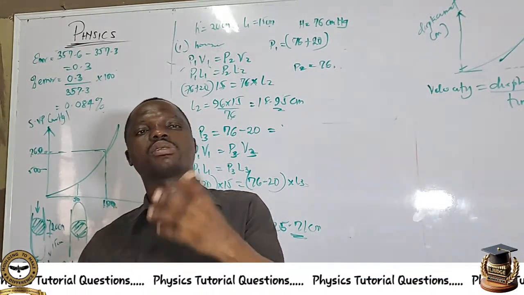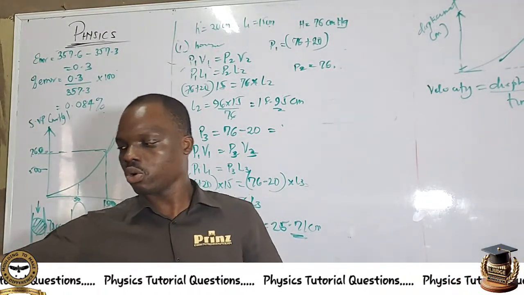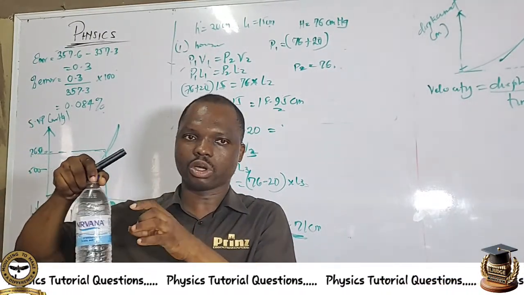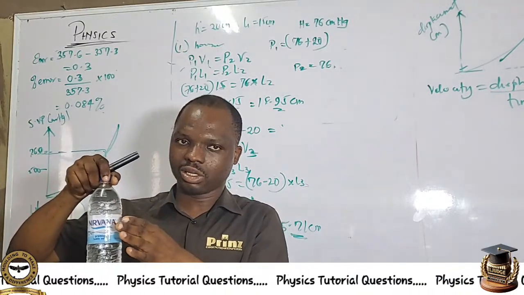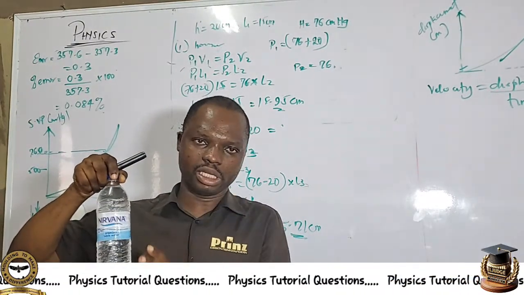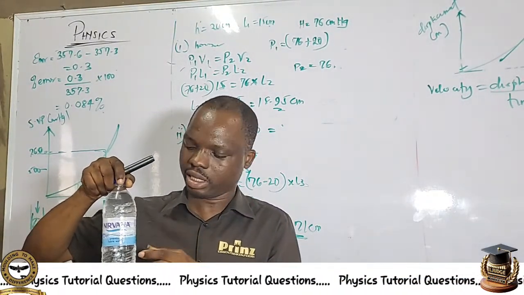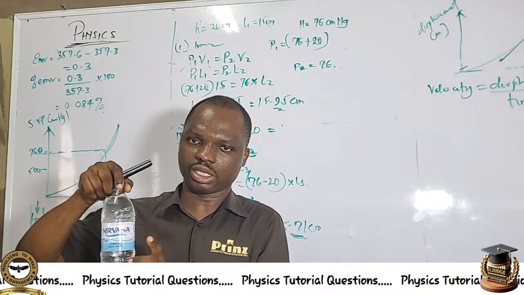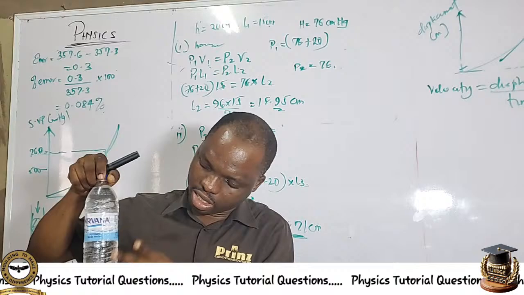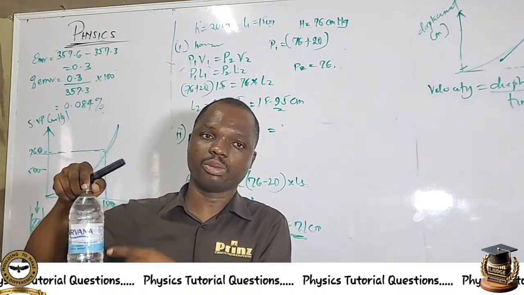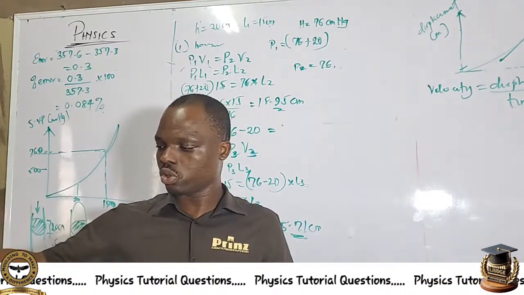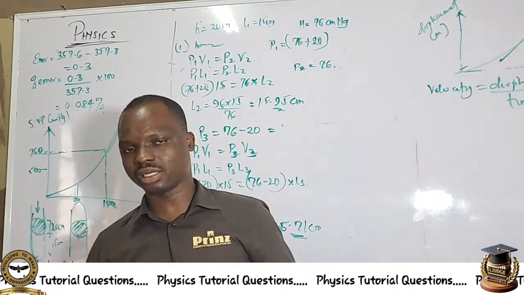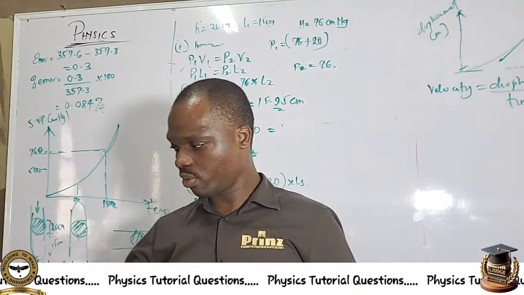Maybe you put cold water in your bottle. Because the bottle is in contact with the air around it, the air condenses on this surface. That's why you see water on this particular surface. It's not as if the water leaked out. It is the air around it that cooled on the surface. That's the formation of dew.